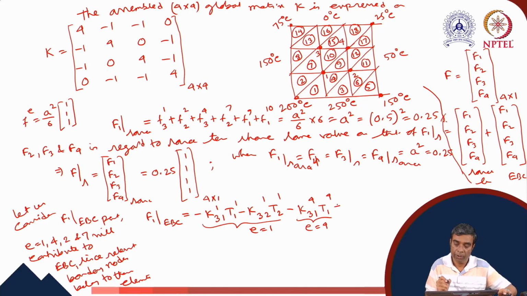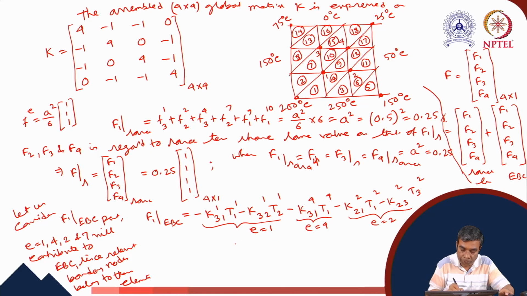Next we have the contribution from element 2. In this case our I is 2. So it is K212 T12 minus K232 T32. This is for E equals 2, and our last contribution comes from E equals 7.